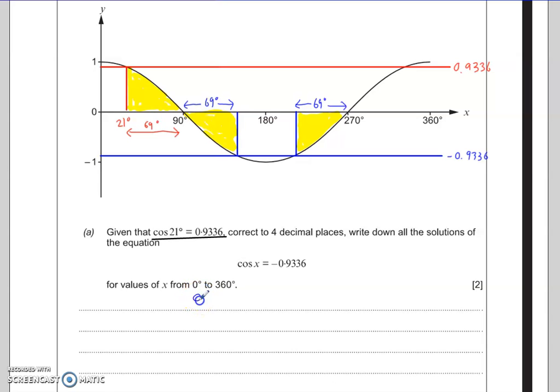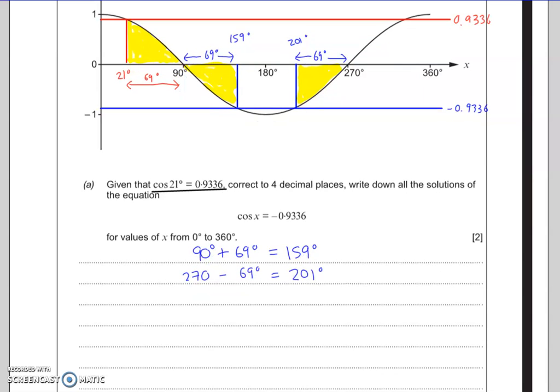And so to work out our answers, we do 90 plus 69 degrees is 159 degrees, so that's our first solution. And then 270 take away 69 degrees is 201 degrees. That's the second solution. Okay, and that's the end of that question. So not too bad, as long as you spotted the help they'd given us, the red line.